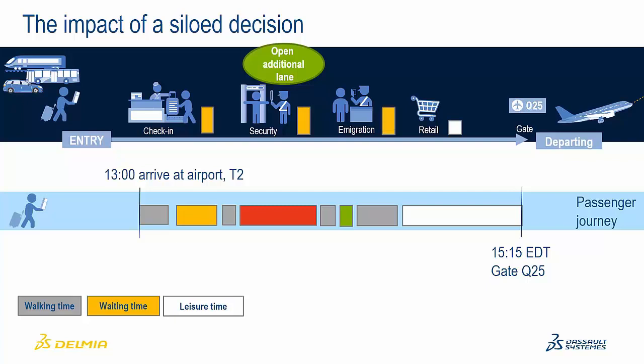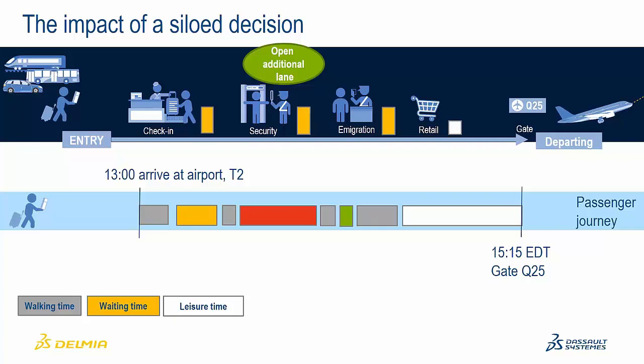But as you probably already guessed, what that could lead to is that at immigration, the wait time is now starting to increase, because security is now processing more passengers at the same time. That means that at immigration, they have to process more passengers to stay within the service levels.